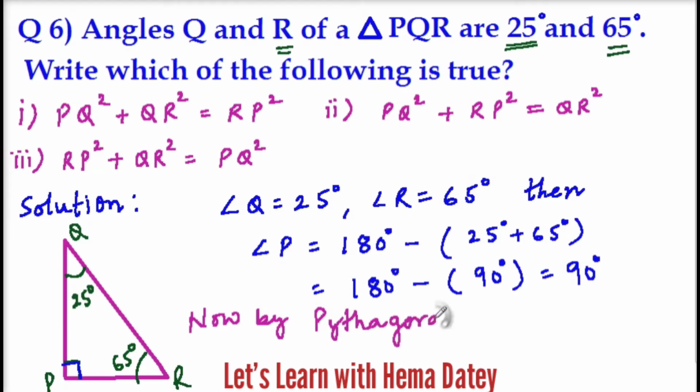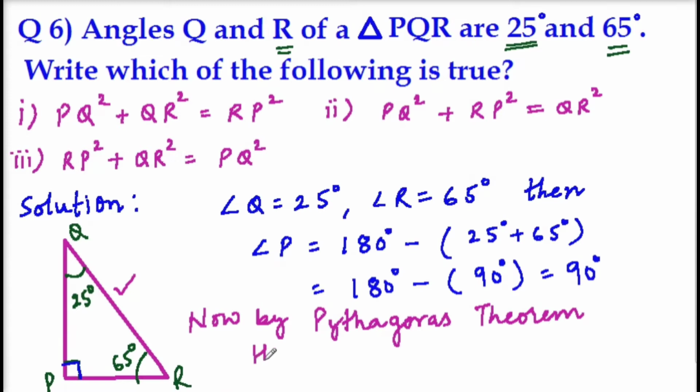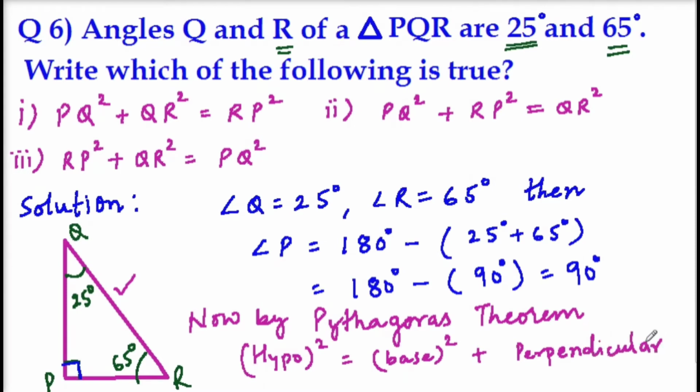Now, by Pythagoras theorem, the longest side or the hypotenuse which is opposite to the 90 degree angle, the square of hypotenuse equals to base square plus perpendicular square. So here the hypotenuse is the side which is opposite to 90 degree.